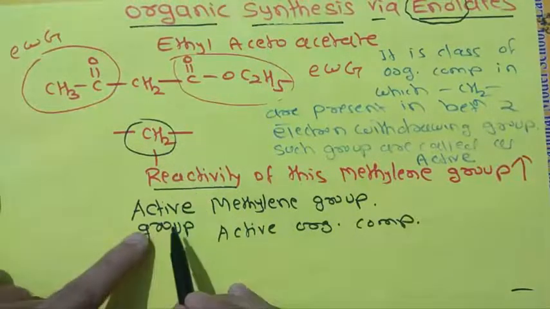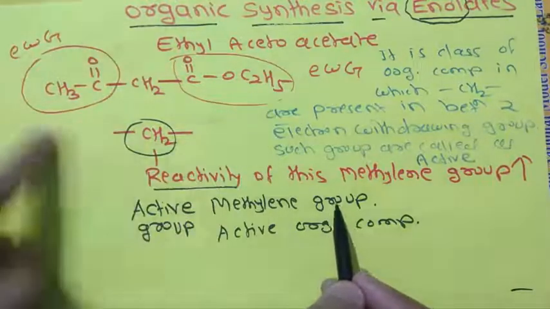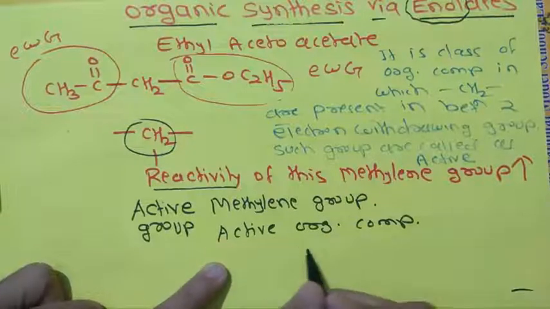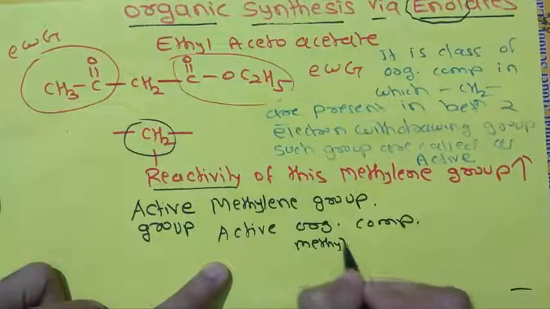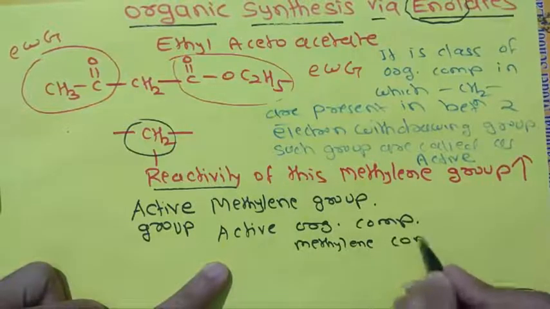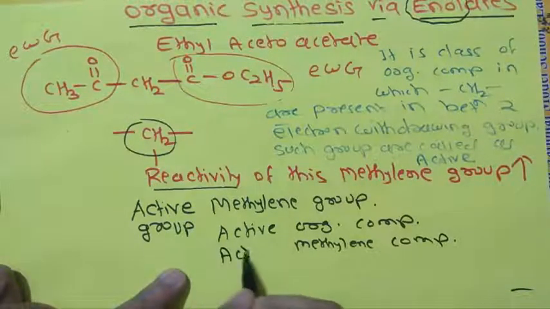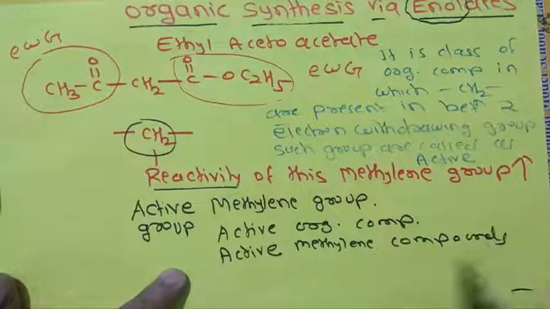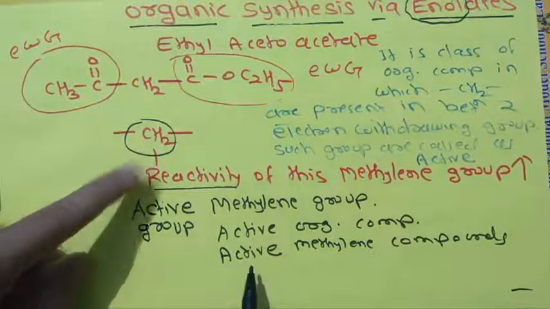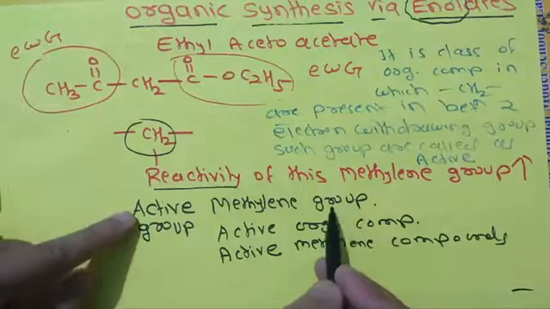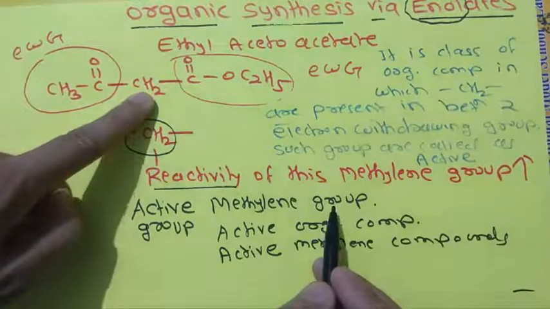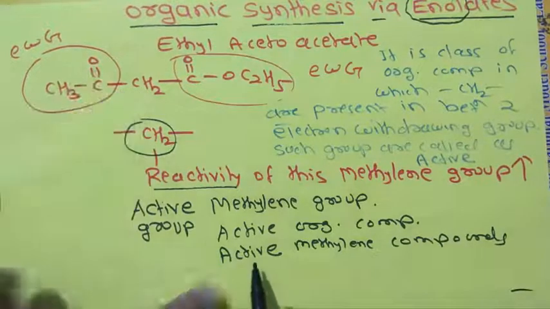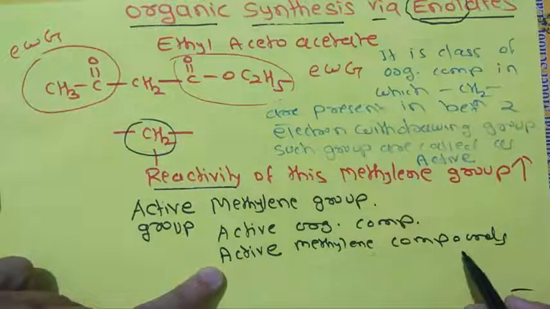This methylene group is called the active methylene group, and the overall compound is called an active methylene compound. Whenever this CH2 group is present in an organic compound, such compounds are called active methylene organic compounds.